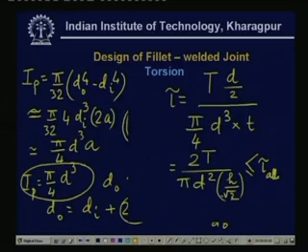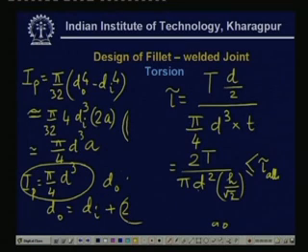Here again the assumption is that the failure will be most probable in the throat area. So, the throat is that place where the stress gets maximum value, and we design according to the throat cross sectional area. Now, this is about the fillet welded joint for torsion.